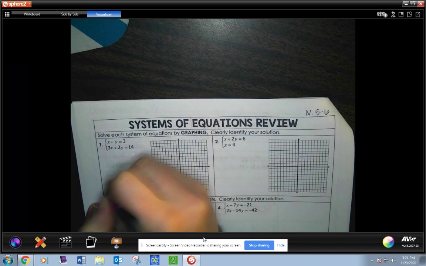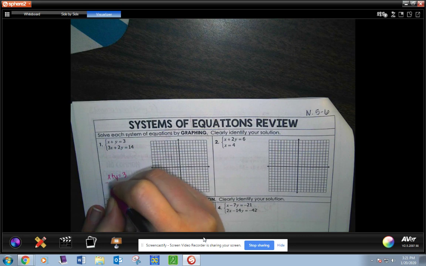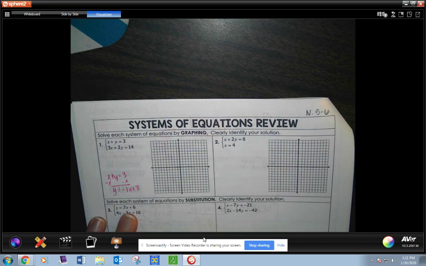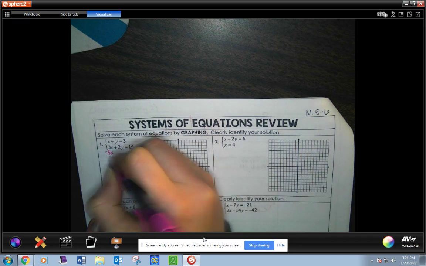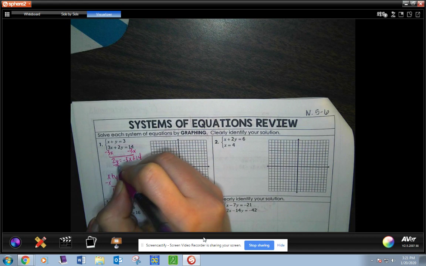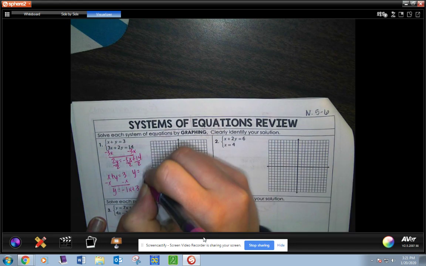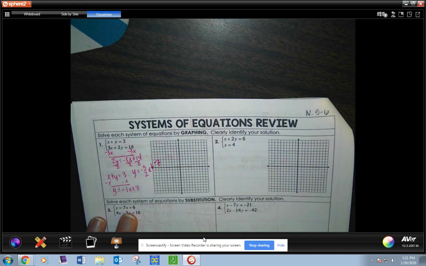So I'm going to bring down x plus y equals 3. I need to get y by itself, so I'm going to subtract x, and that gives me y equals negative 1x plus 3. For the other equation, I'm going to move the 3x. That gives me 2y equals negative 3x plus 14. And then I'm going to divide by 2, and that gives me y equals negative 3/2 x plus 7.